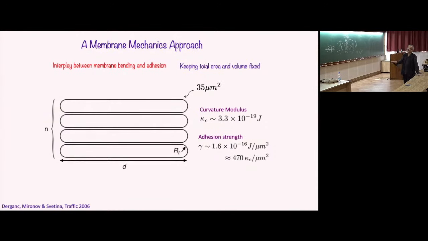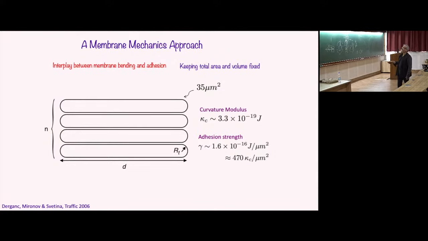So let's approximate those shapes by these discs, where the larger diameter of the disc is d, and the rim has a certain radius r of t. And let's assume that there are n of them. N could be 4 in humans, 100 in algae.